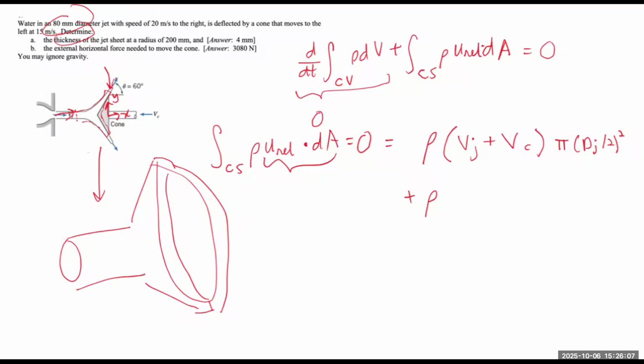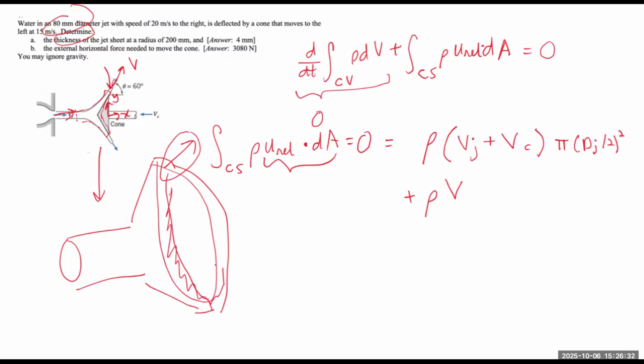Basically, let's call the velocity at which it exits v to make it easy. So this is going to be rho times v. And it's going to be positive because the control volume has a surface area vector parallel with the velocity.